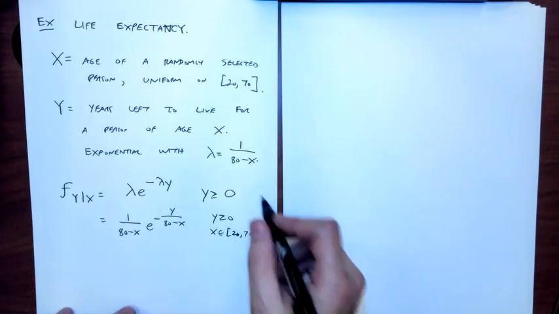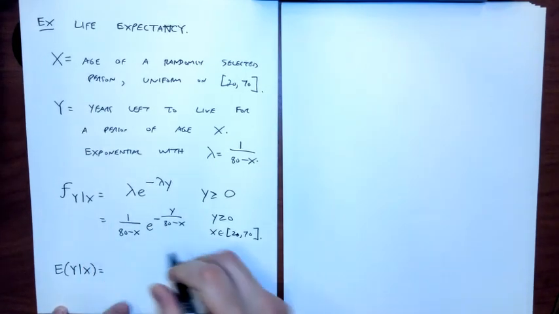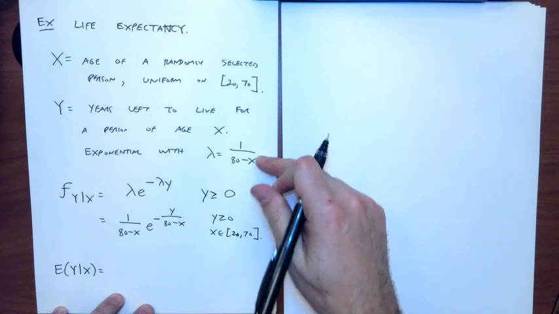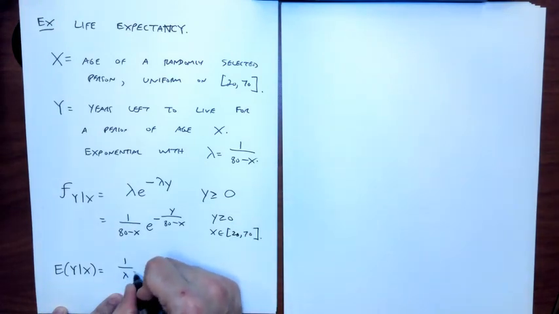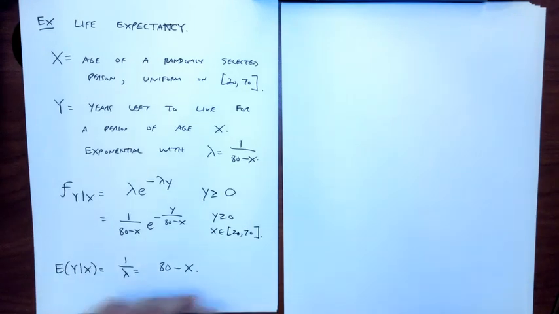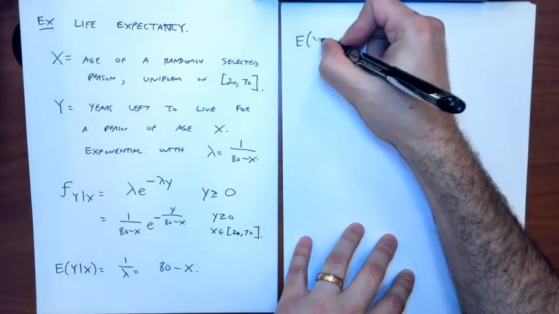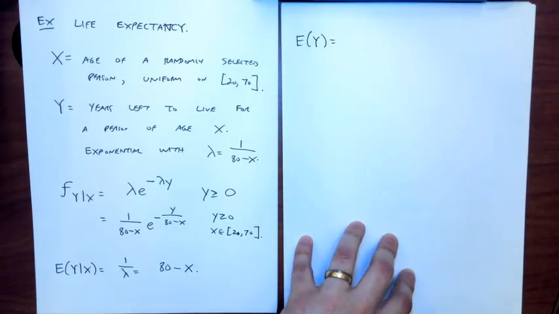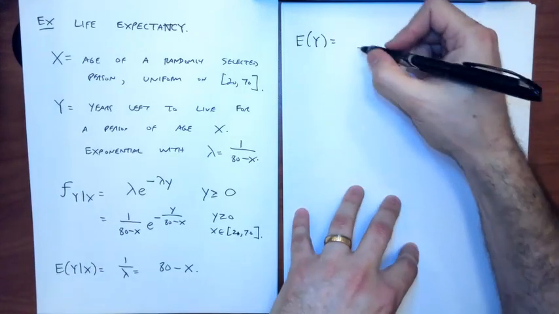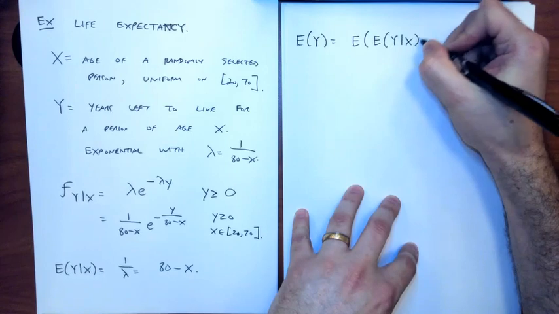So by definition, the way I set this up, the expected value conditionally of y given x, well, what's the expected value of this exponential random variable? It's 1 over lambda, which is 80 minus x, right? And then the expected value of y for the whole population, now I'm taking into account the distribution of my ages, is the expected value of y given x.